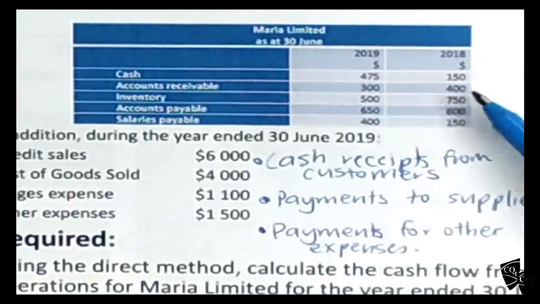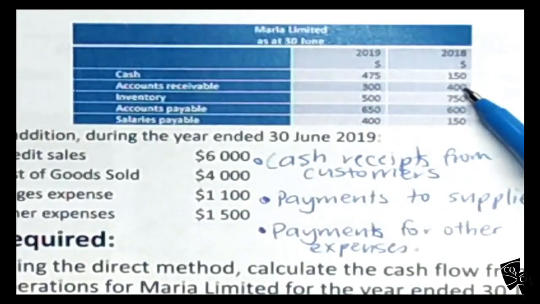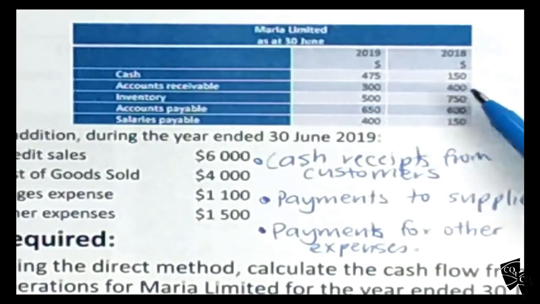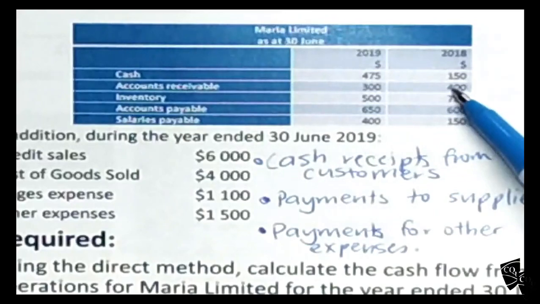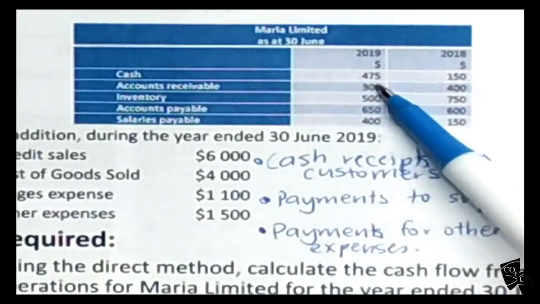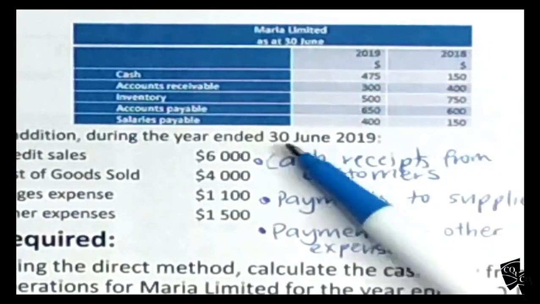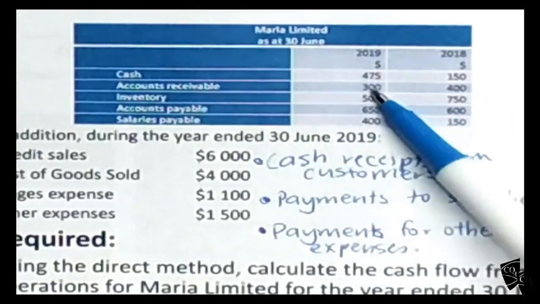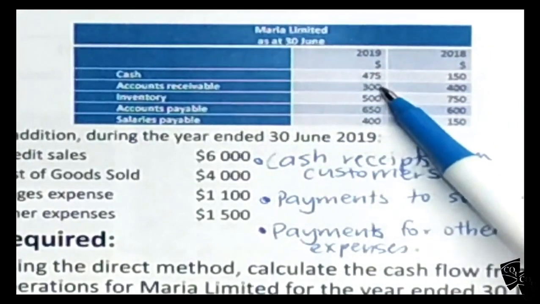So the logic was, we've received all the cash from our customers. Hopefully we've collected it all. So we add the 400 in. We also add the credit sales we've made for the year, and we take off the people who still owe us money who haven't paid the cash yet.